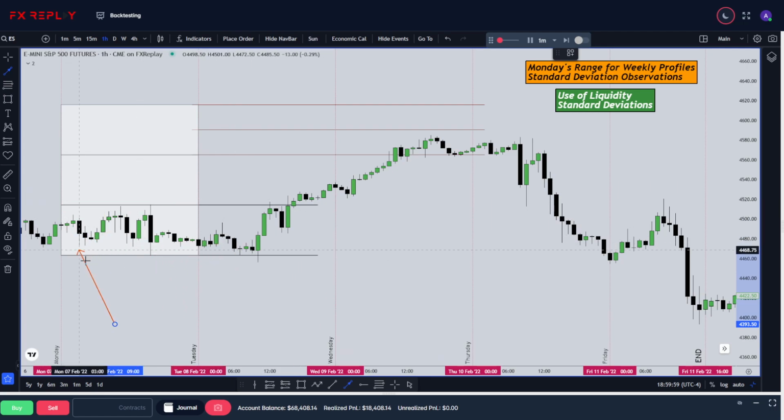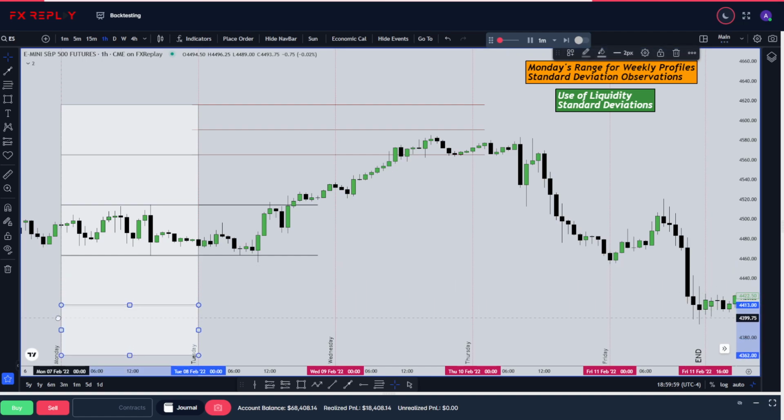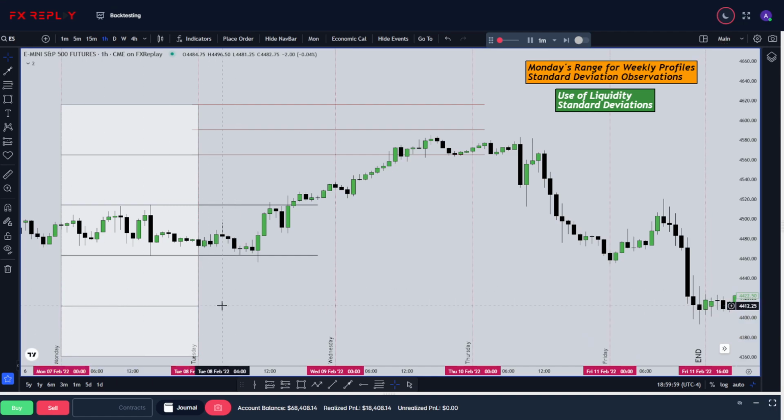And I use Mondays, and I'm focusing on standard deviations and liquidity. So where does Friday's low go to? So I'll plot the deviations there, and I'll observe where does the low go to. We can see that we come just around 1 standard deviation on the low side, just as much as we went just about 1 standard deviation on the high side.